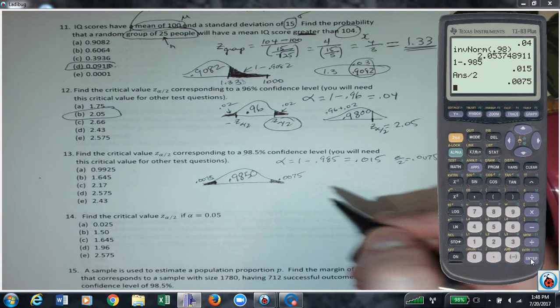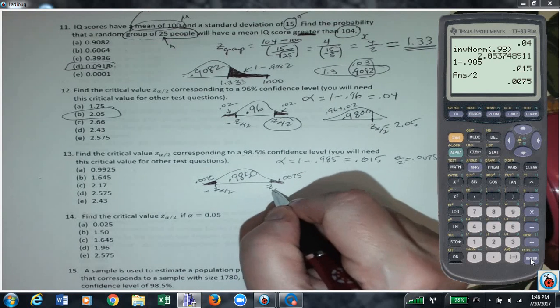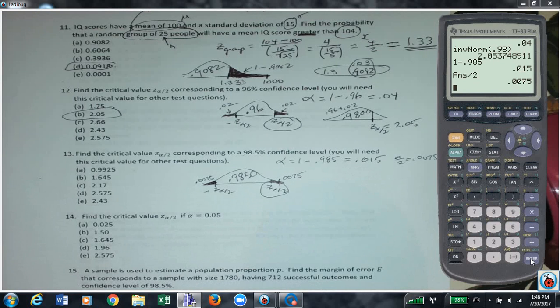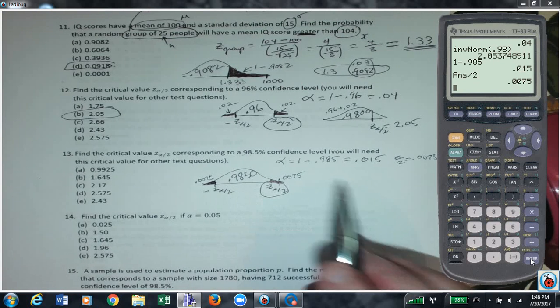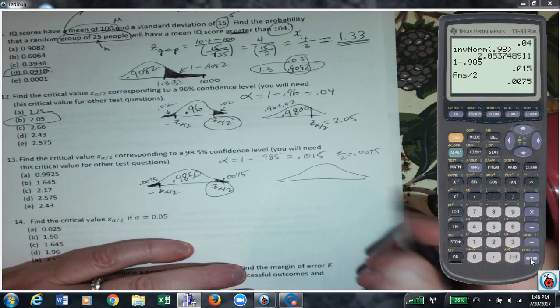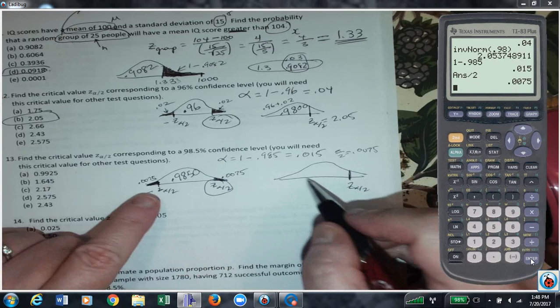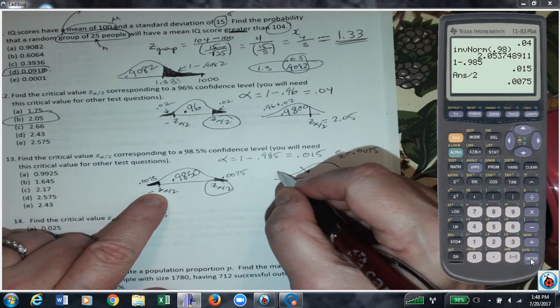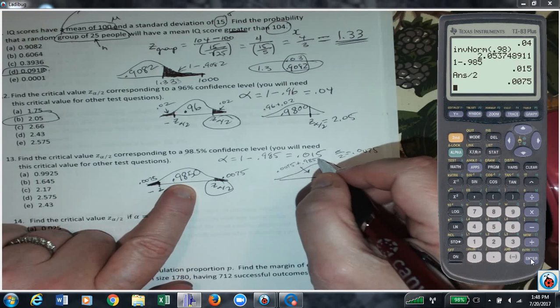So I have two critical values. This is the one we have to find. If I know the total left area, I can find that, either with the chart or my calculator. So this is the guy I want to find. The total left area here is 0.0075 plus 0.9850.